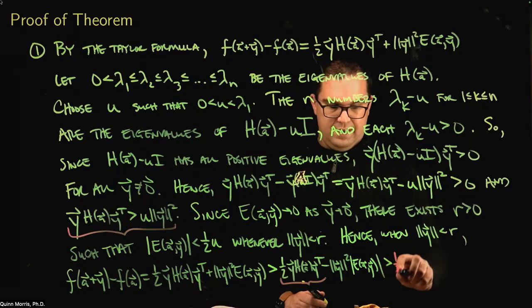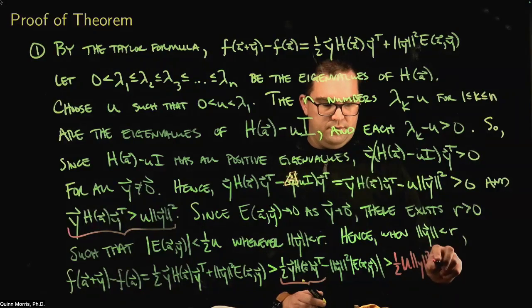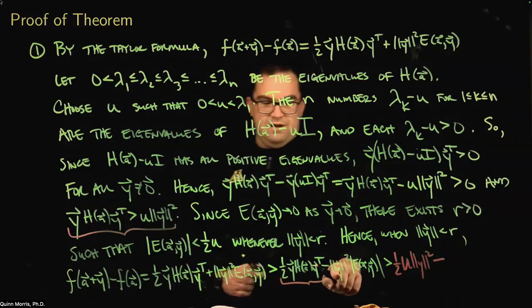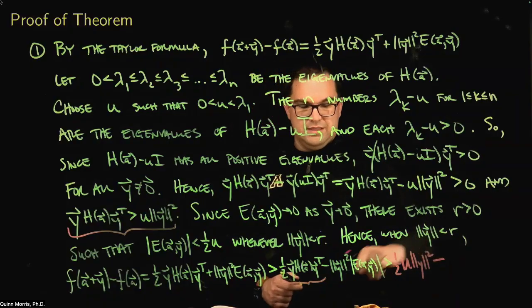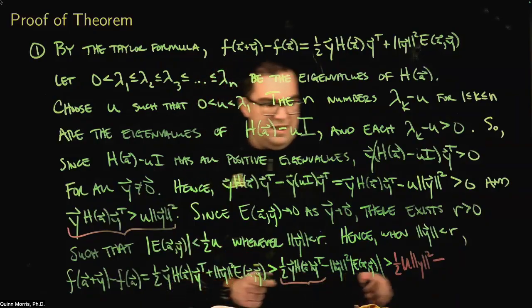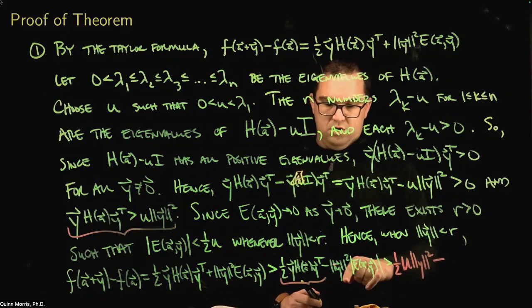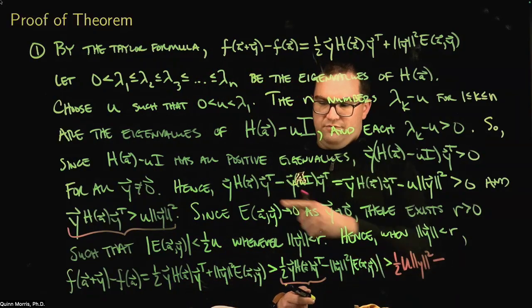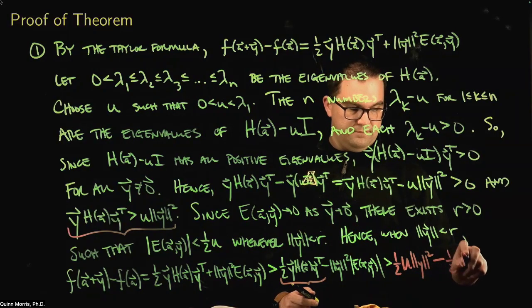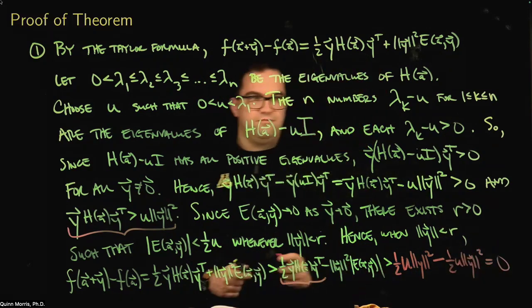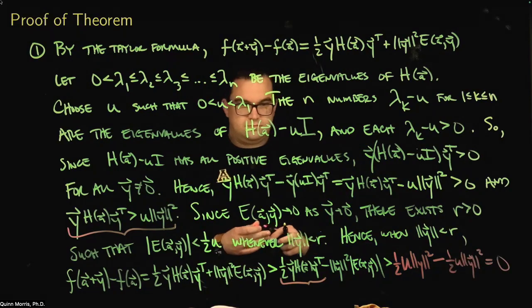So this becomes 1/2 u norm of y squared minus, now here I've got a norm of y squared, and because my norm of y is less than r, this is less than 1/2 u. So the most I could be subtracting off is 1/2 u times the norm of y squared. And notice that that difference is precisely 0.